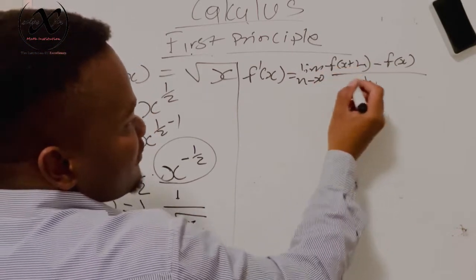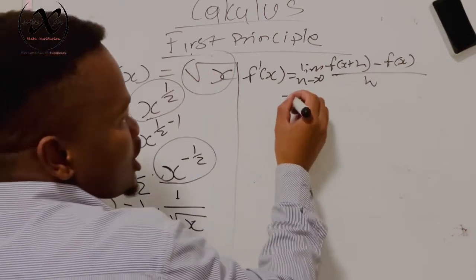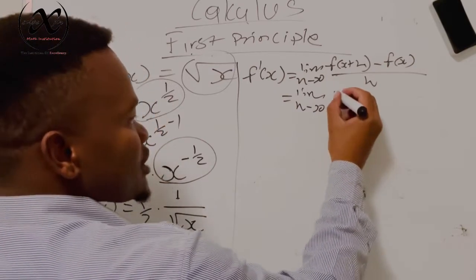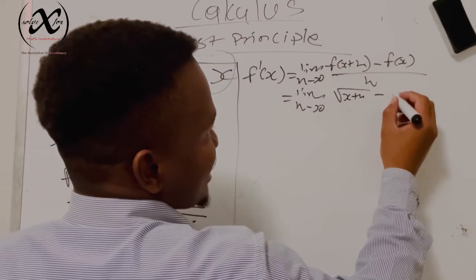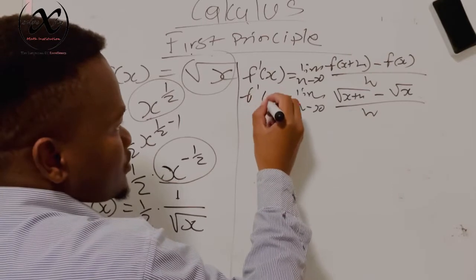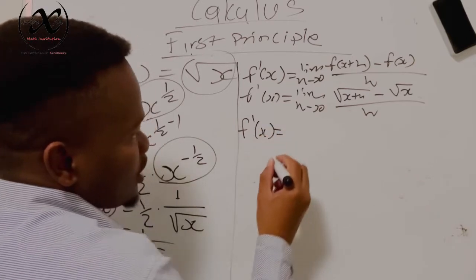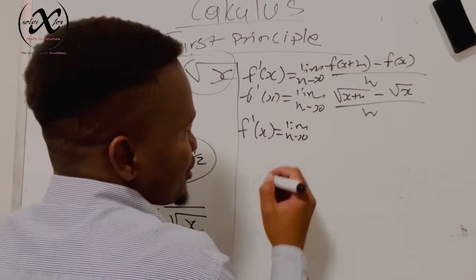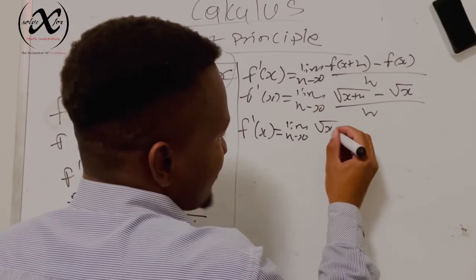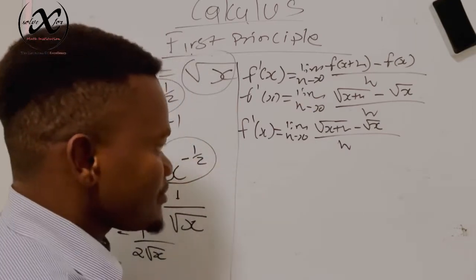When you are writing f of x plus h, don't change this and write it in this form. Just take it like this. So it will be limit as h approaches 0 of square root of x plus h minus square root of x, all over h.